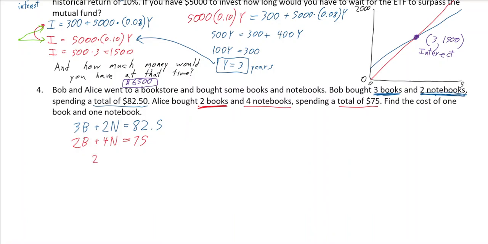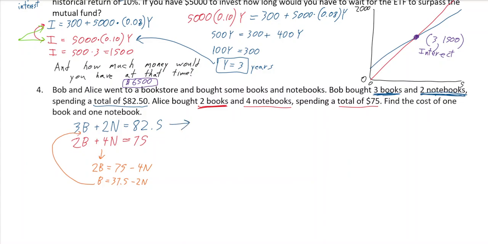So actually I'm going to use like this. 2B equals, I'm going to subtract 4N on both sides. So it's going to look like that. Then I'm going to divide by 2 on both sides. So this is going to be B equals 37.5 minus 2N. Okay, now that I have that, I can substitute that back into the blue equation.